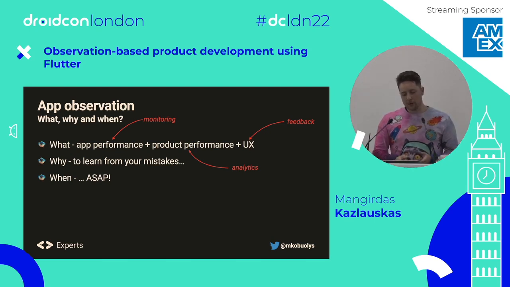When we talk about product performance, that could be considered as analytics, or basically monitoring of how your app performs as a product, as a business. So measuring how users are using your app, whether they are satisfied, whether they cover all of the main business cases and so on. And then, of course, there's user experience.